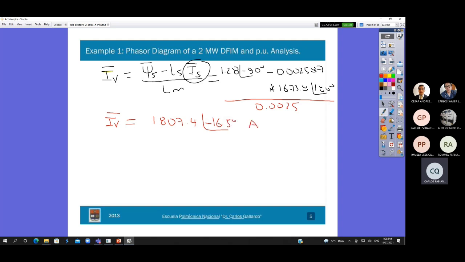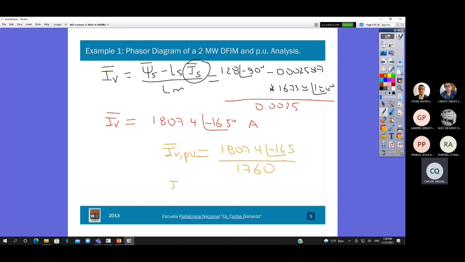Okay, so in order to compute the per unit value, I need to divide it by the base. By definition, the actual value over the base, and the base is the rated value.